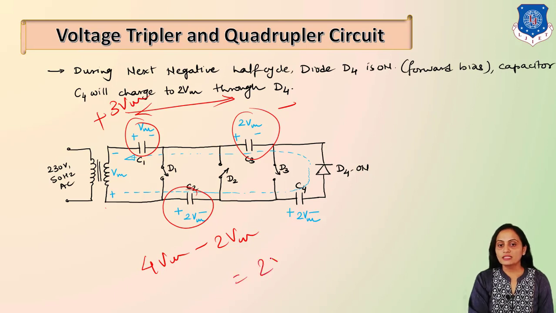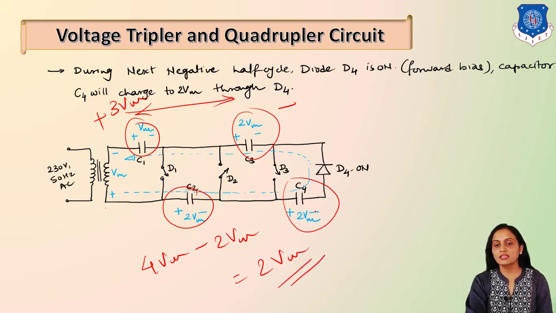So the net effect is 2 Vm and the polarity is minus and plus, and that is why C4 will charge to 2 Vm. So in the fourth half cycle, that is the next negative half cycle, D4 is on due to the effect of the net charged capacitors, and C4 will charge to 2 Vm.